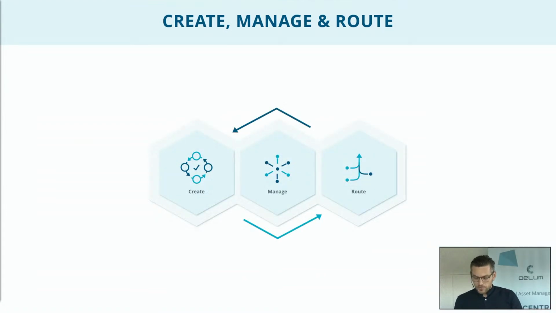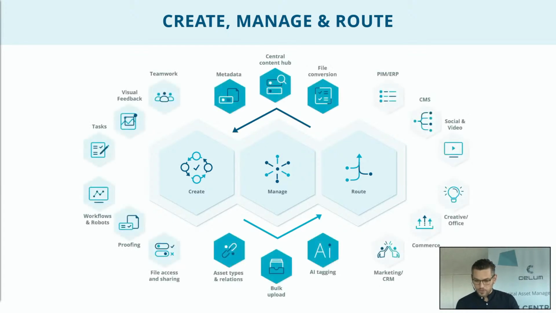Yeah, as mentioned, it's the whole content lifecycle. So the three pillars here: create, manage, and route. And there's also some additional information here. It's all about the metadata, of course. It's all about the central storage. It's also about AI tagging, for example, or AI features to reduce the manual effort. It's also about the first step, the teamwork, the tasking, the deadlines, and so on, and also the visual feedback maybe. So that's the whole process.